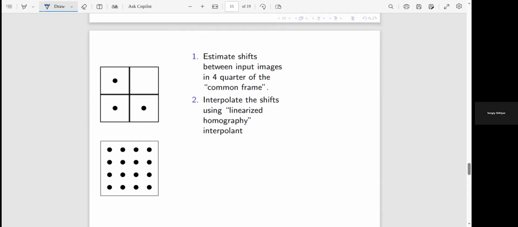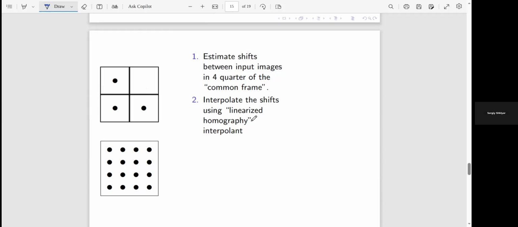If images are very big and shifts between images are different in different parts of the image, first I try to separate the framed pictures into 4 quarters and estimate shifts in each of these 4 quarters.